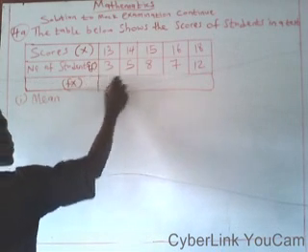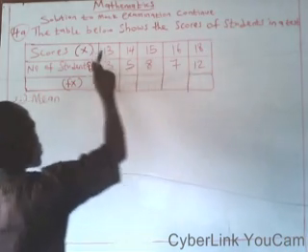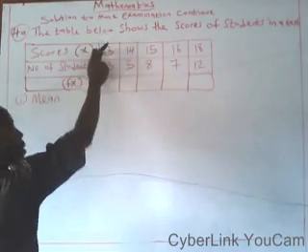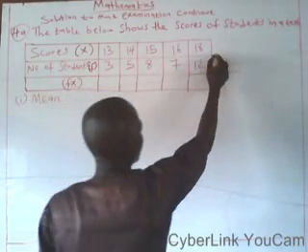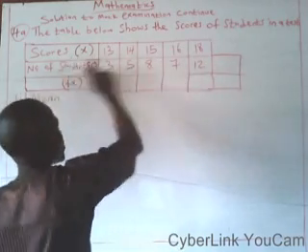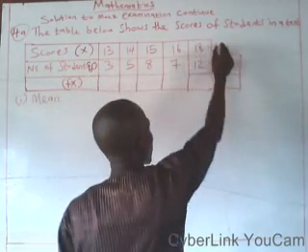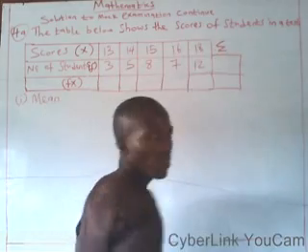Fx simply means f multiplied by x. That is, you use the frequency to multiply the score. And at the tail end, you are going to have the addition of all the frequencies and the addition of all the fx, which we call summation.